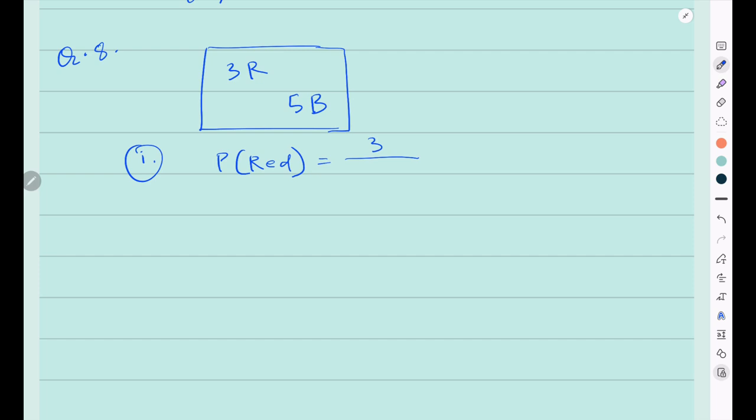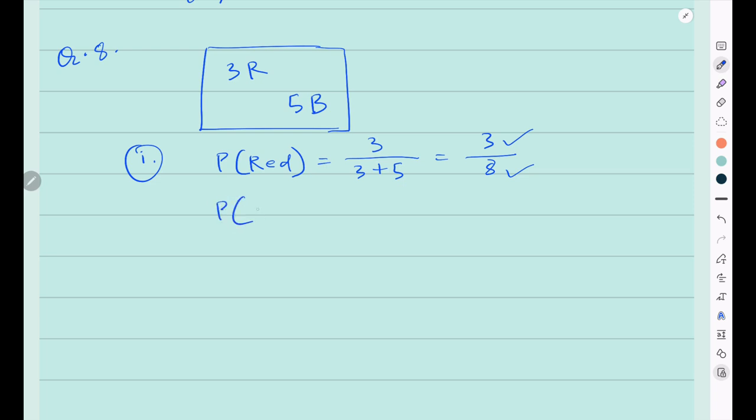And how many total balls are there? 3 plus 5. So 3 favorable outcomes out of all possible outcomes. The probability of getting red is 3/8.